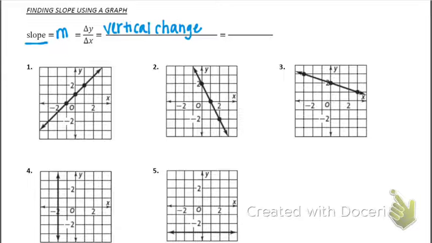Over delta x, the x-axis goes horizontally, so that's going to be over horizontal change. Okay, so another way of writing delta y over delta x is vertical change over horizontal change. Or if we're looking at the graph, the one that we all will remember for the rest of our lives is rise over run.